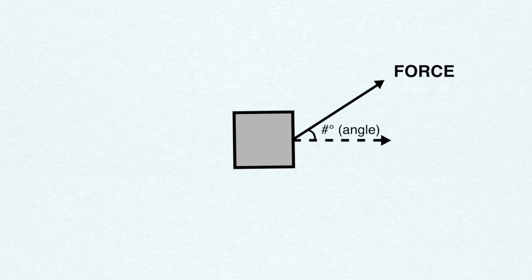So by now you should have a pretty good idea of what free body diagrams are and what their purpose is. They're basically just there to show you the final result when a bunch of forces are acting on an object at once. One thing you'll definitely encounter at some point would be a force acting in a diagonal direction. I mentioned this a little bit in the beginning of the video.